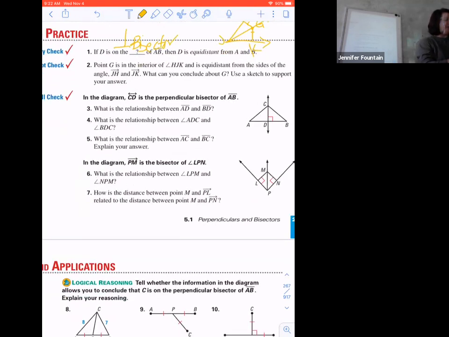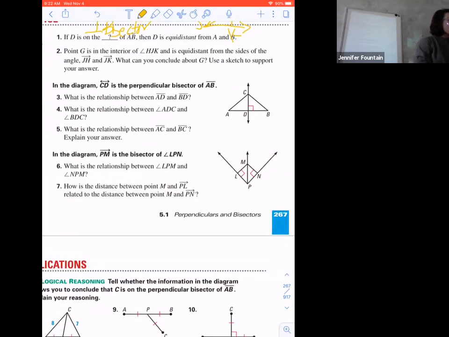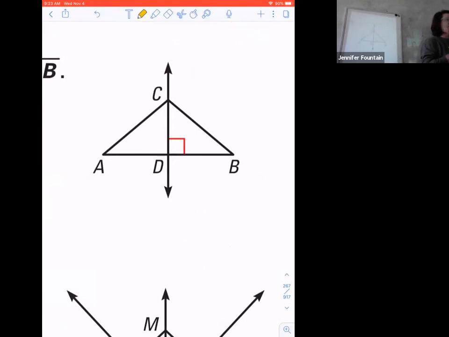Okay, so it says in the diagram, line CD is the perpendicular bisector of AB. So we're going to look at this little diagram here. They've told us that CD is a perpendicular bisector of AB. So look at number 3. It says, what is the relationship between AD and BD?